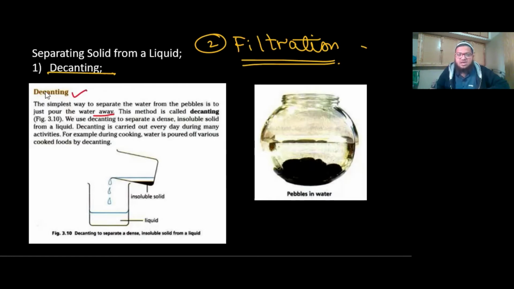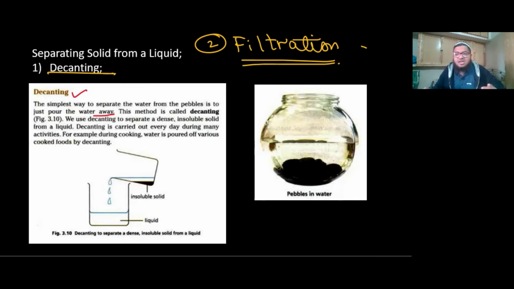Decanting is basically a simple technique. In decanting, you take this mixture and allow it to stand for a certain period of time, which can vary depending upon the type of mixture you're using.